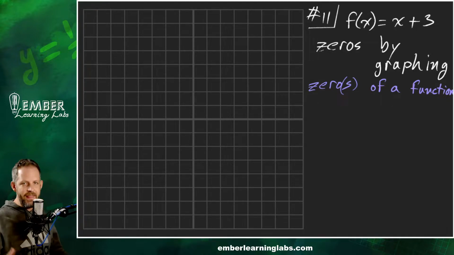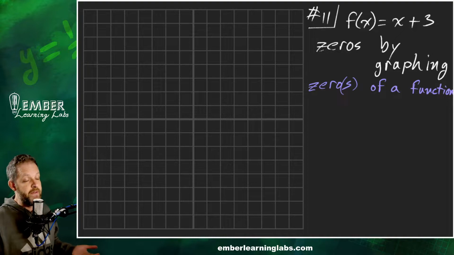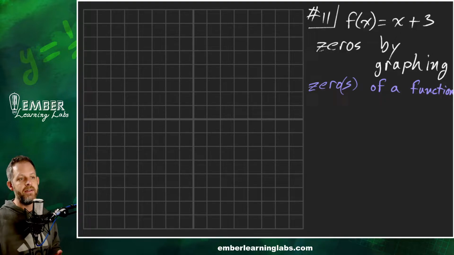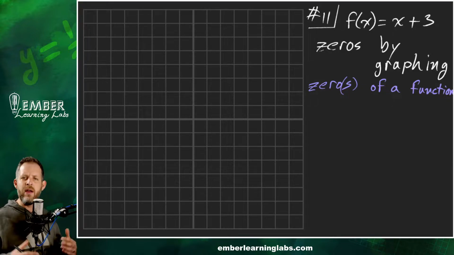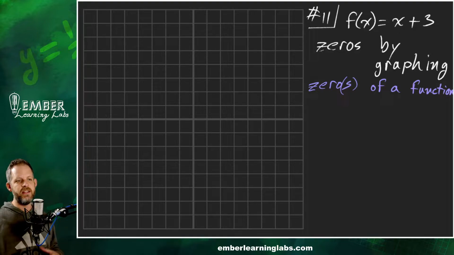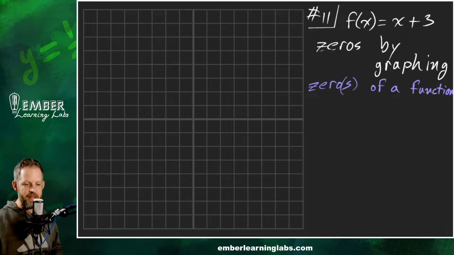In the main lesson video, we were talking about zeros of a function, specifically linear functions, because that's all we know about zero or zeros. And we looked at a word problem, because zeros of a function is really a concept and an idea, and it's very important that you understand that concept.